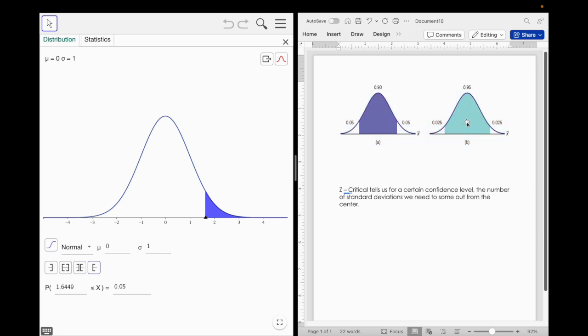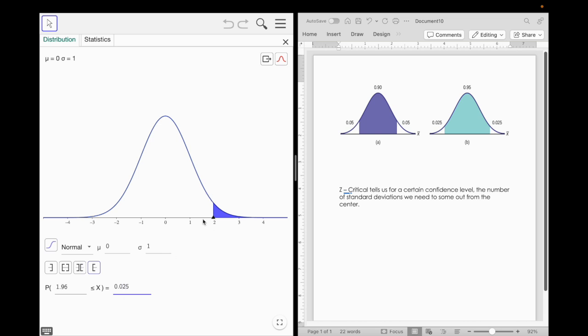So for 95% being in the middle, that means there's 5% left over. And when I split that for each wing, that means 2.5% in each wing. And as a decimal, that would be 0.025. So if I want to find the Z critical, meaning how far out I come in either direction to make that confidence interval in terms of standard deviations, I need to put in 0.025 here.